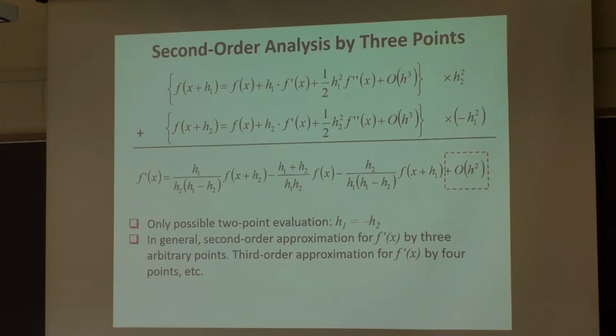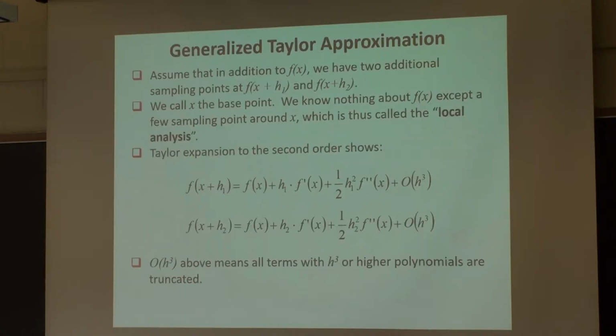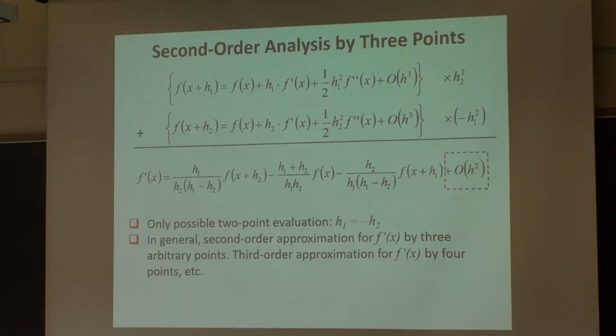Okay, so you can write a general second order method if I know 3 points, right? If you observe these two equations, second order equations, meaning that I'm going to write everything in this h1 square and h2 square.